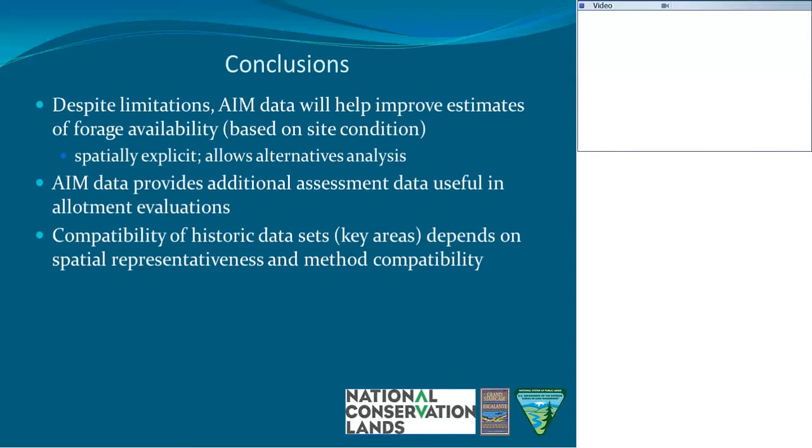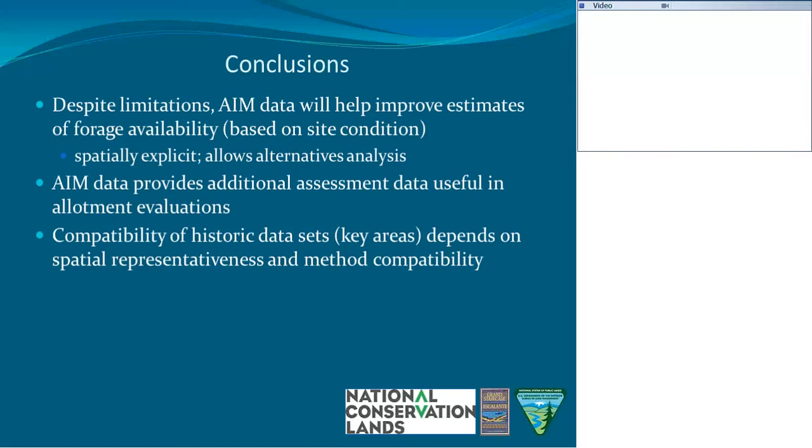Finally, we've been conducting a study. There have been several questions about the ability to integrate AIM data with historic data that is a different sampling design. They include different methods. We had a study going on with the Landscape Ecology Lab at Northern Arizona University to look at the compatibility between these historic data sets, most of which were sampling design was based on key areas.